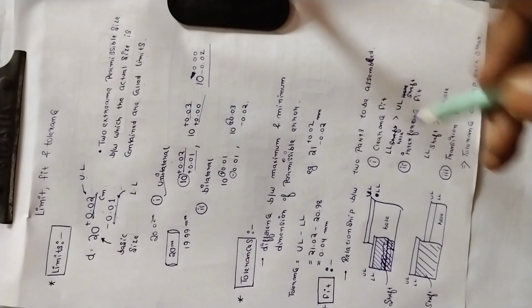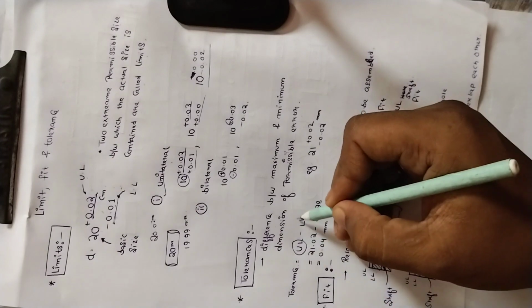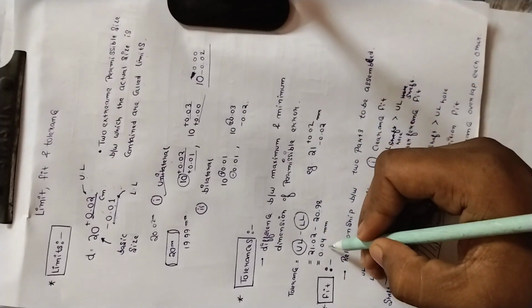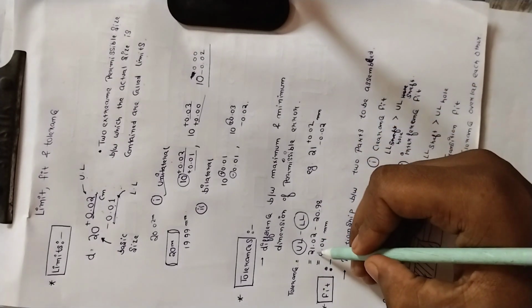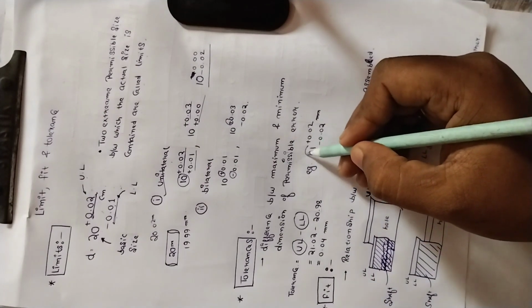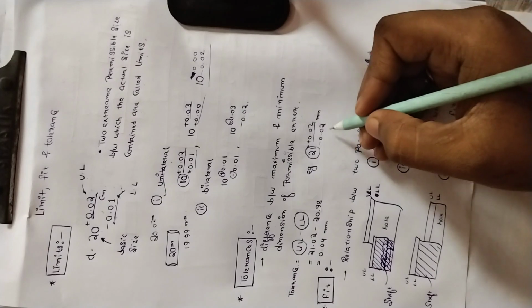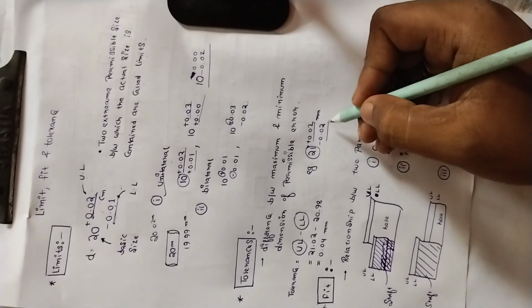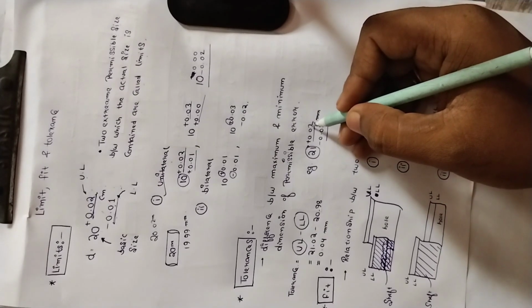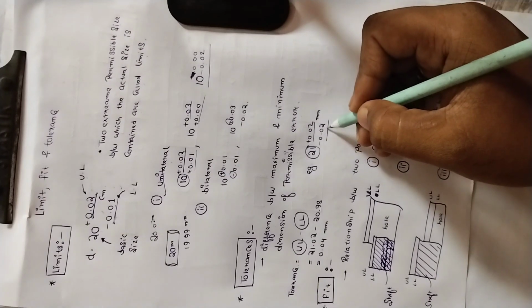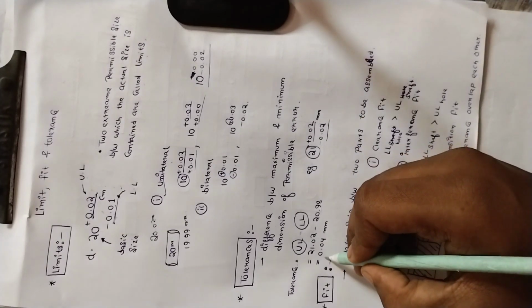The difference between the upper limit and the lower limit is known as the tolerance. For example, 21 is our basic size and the upper limit is plus 0.02 and the lower limit is minus 0.02.